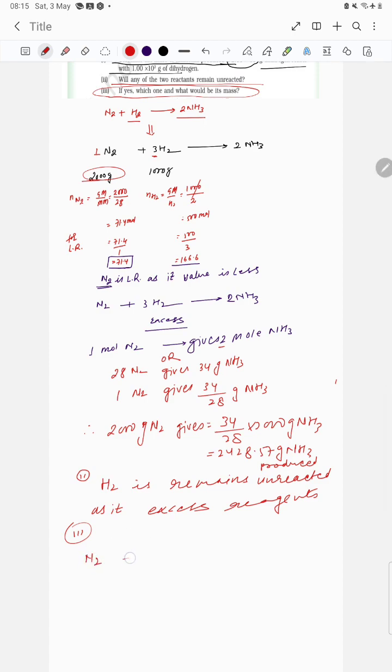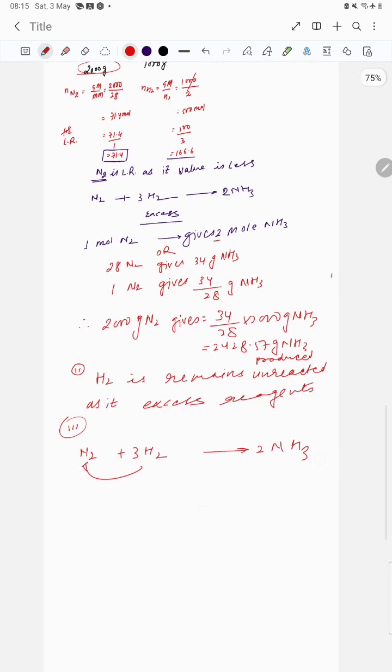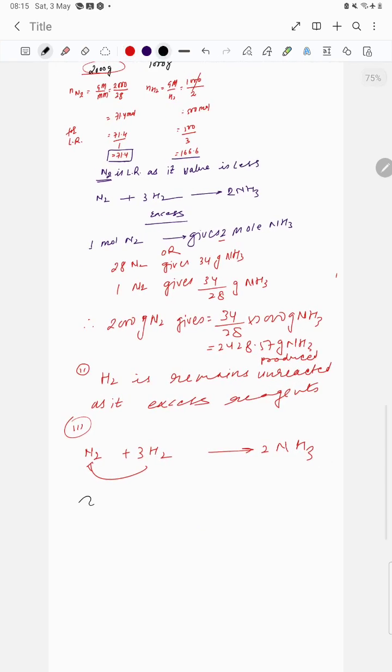So N2 plus 3H2 is giving 2NH3. Now, how much amount is required? You have to correlate this. So dear student, let us see. 1 mole N2 requires 3 mole H2. So we can write 28 gram N2 requires 3 mole H2, which means 3 into 2, 6 gram H2.